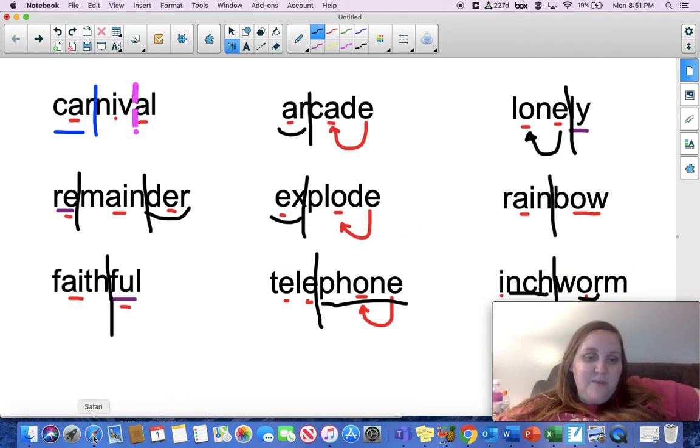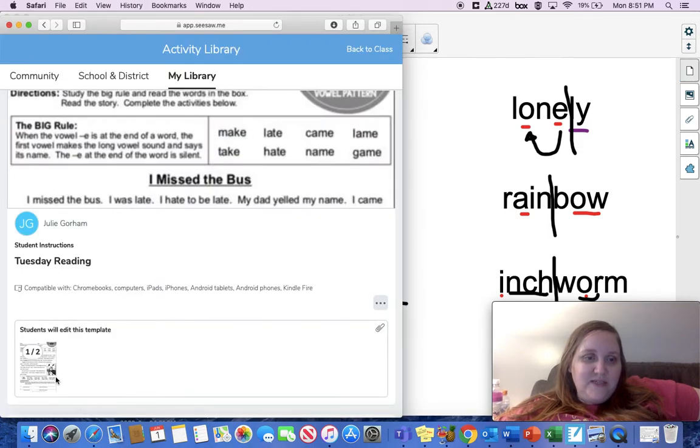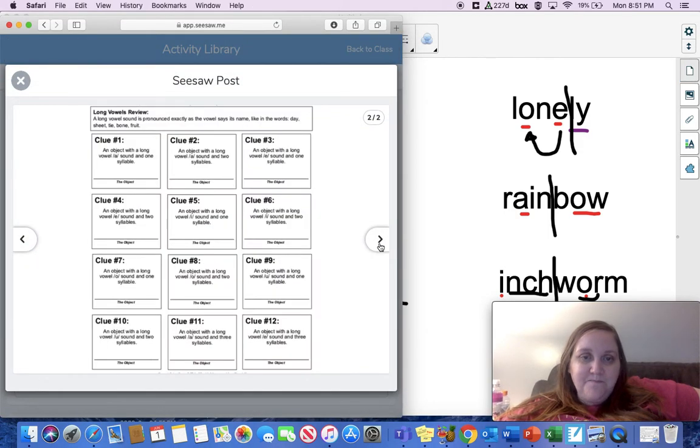Okay, so let me bring up what you're going to be doing today. Your assignment for today is to go on Seesaw and look for words that have long vowel sounds and match a certain number of syllables. First you're going to start out with each of the long vowel sounds and finding a word with one syllable, okay?